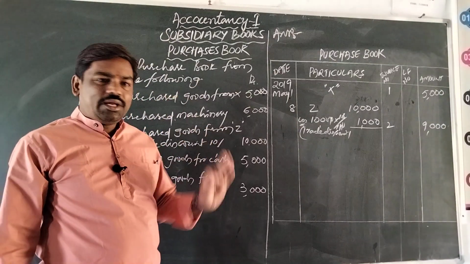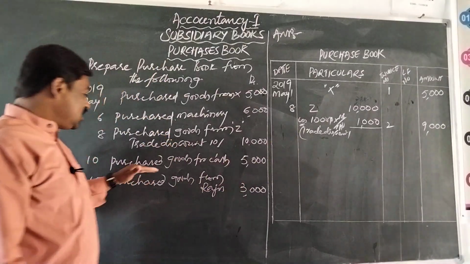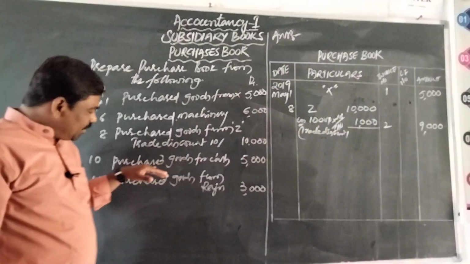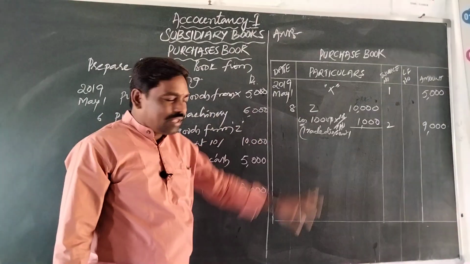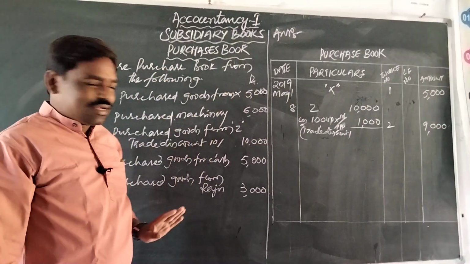First one, only credit purchases can be recorded in this purchase book, and cash purchases must not be recorded. So here on 10th, what happened? We purchased the goods for cash. It is a cash transaction. It must not be entered in the purchase book, and it can be entered somewhere else. That should not be considered here.